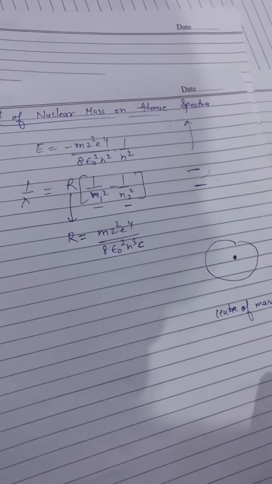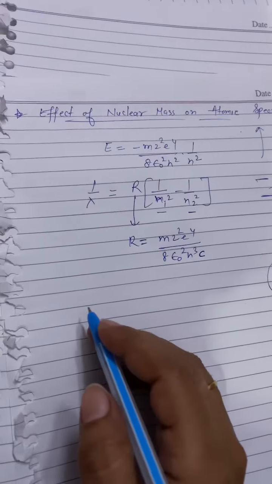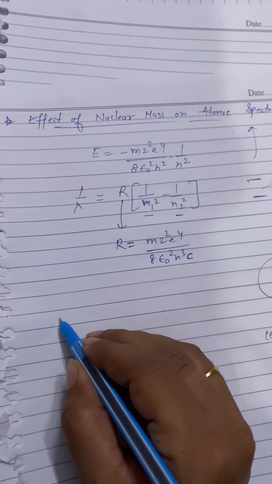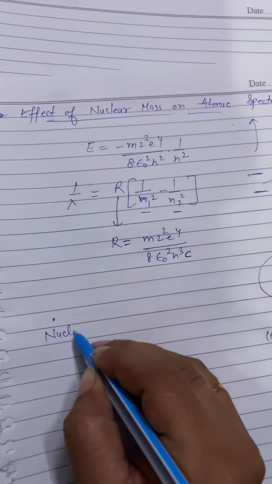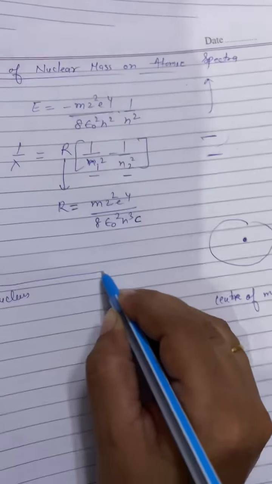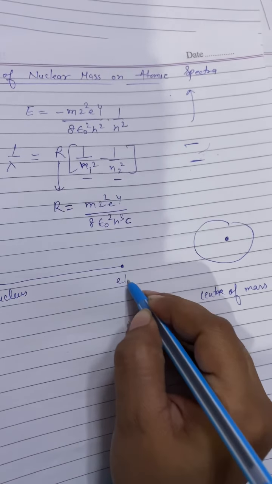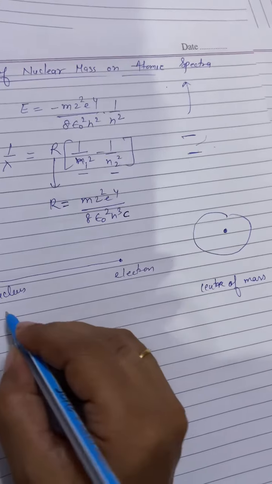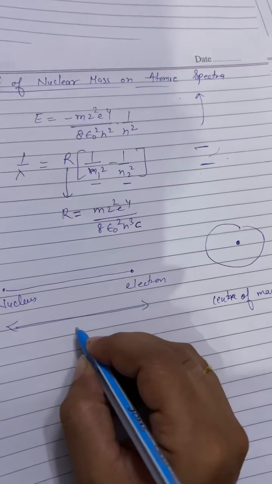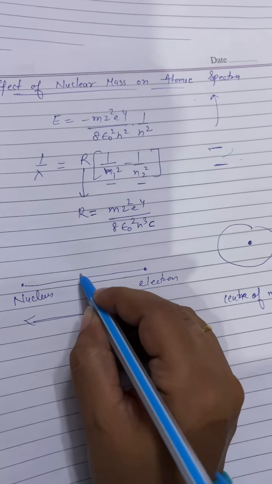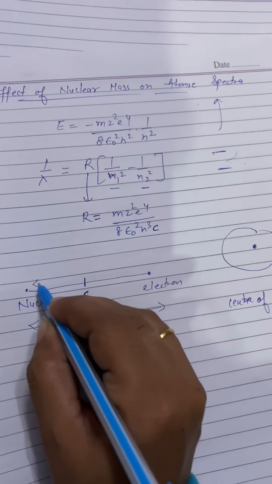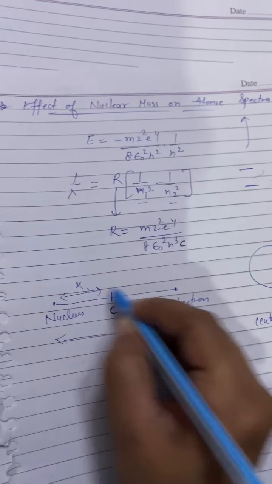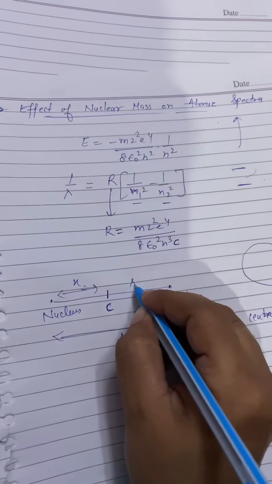For the mathematical calculation, we have a nucleus here and electron here. Electron and nucleus are separated by some distance, denoted by r, and here is the center of mass, and this distance we consider x, and the remaining will be r minus x.